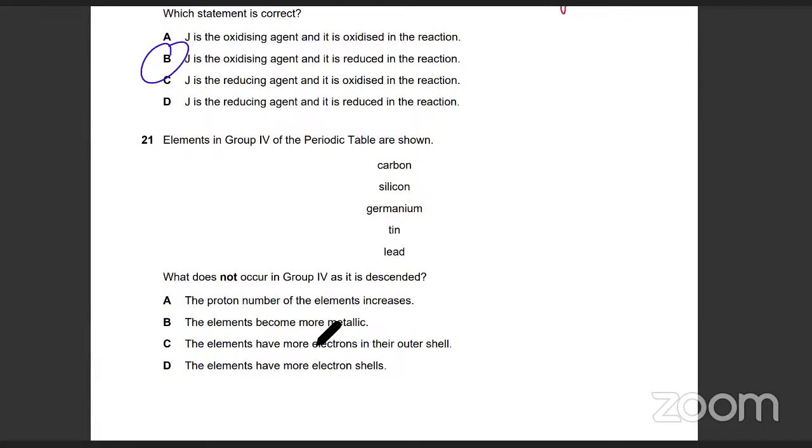चलो 21 कर लेते हैं कि J is in group 4 of the periodic table. तो सारी group 4 में. What does not occur in group 4 as it is descended? Proton number of the element increases. ठीक है, they increase. The elements become more metallic. हाँ ठीक है, carbon is a non-metal. लेकिन नीचे जो है ना टिन और लेड दे आर एक्चुअली metals.